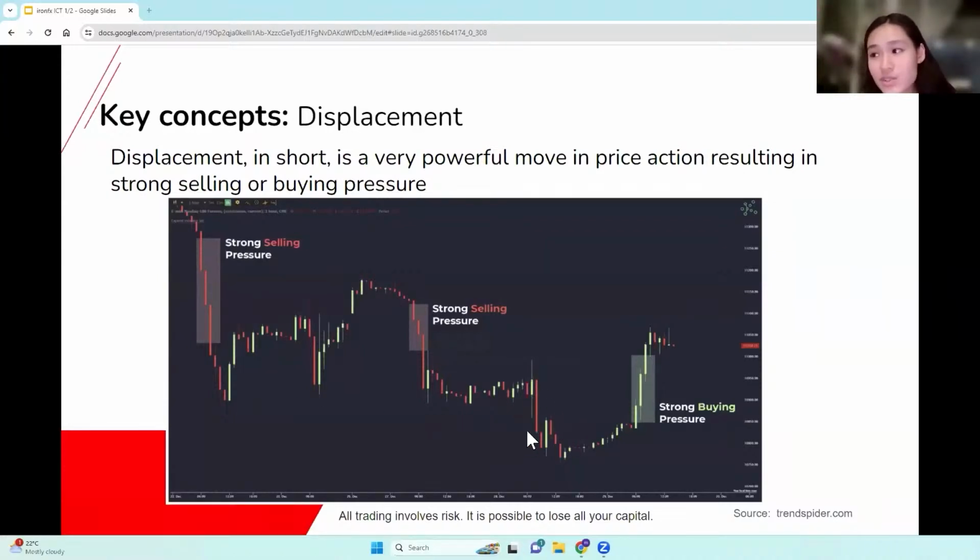You can see price has recently broken out of that level, if you can imagine this horizontal line just over here. So it's broken out of it and is reversing off it now, and that is what is resulting in strong buying pressure.